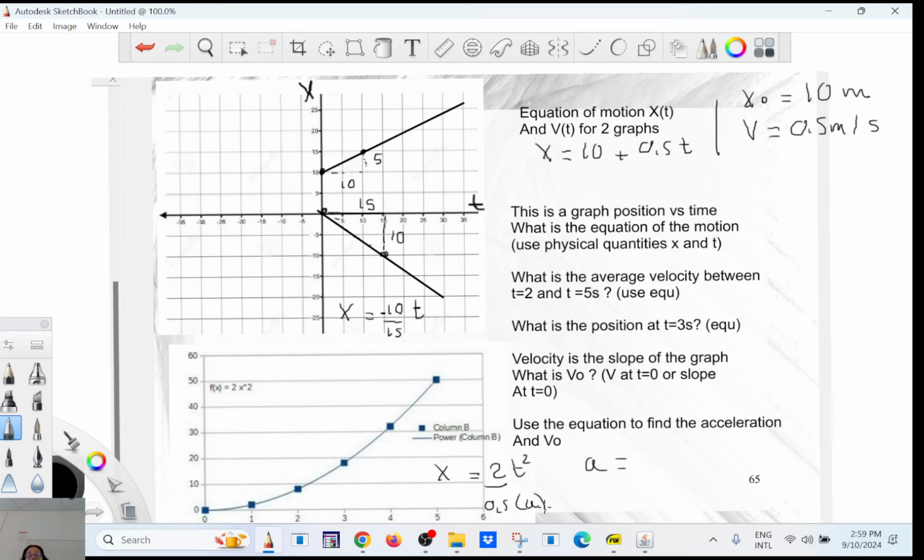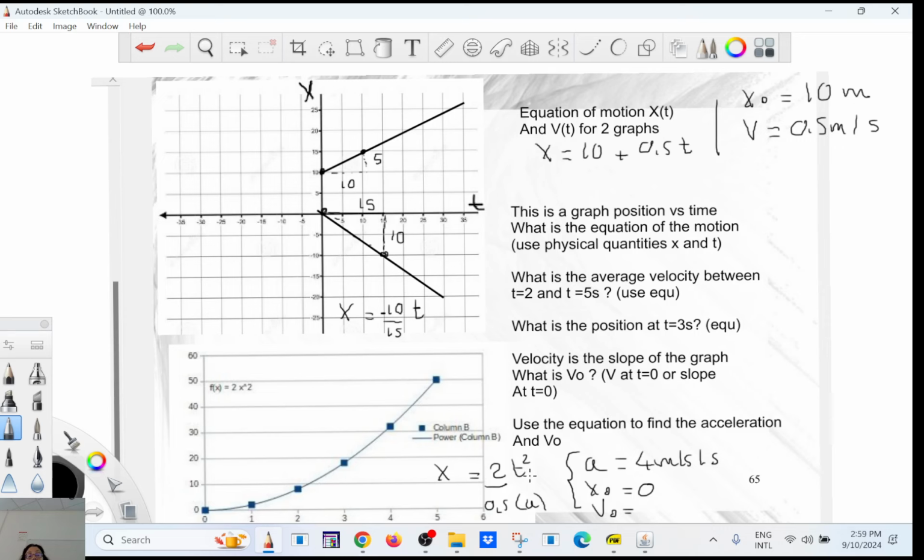So the acceleration is 4. Right? Half of what equals 2? Initial position is 0. Initial velocity is 0, because you don't have a term with t.